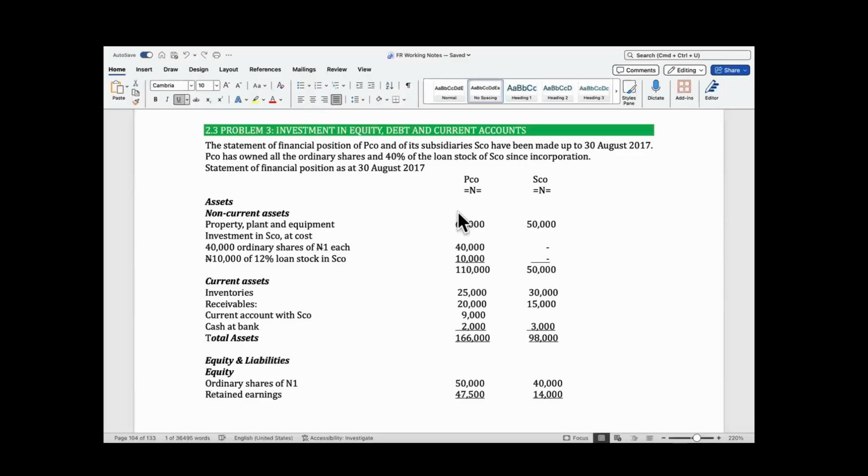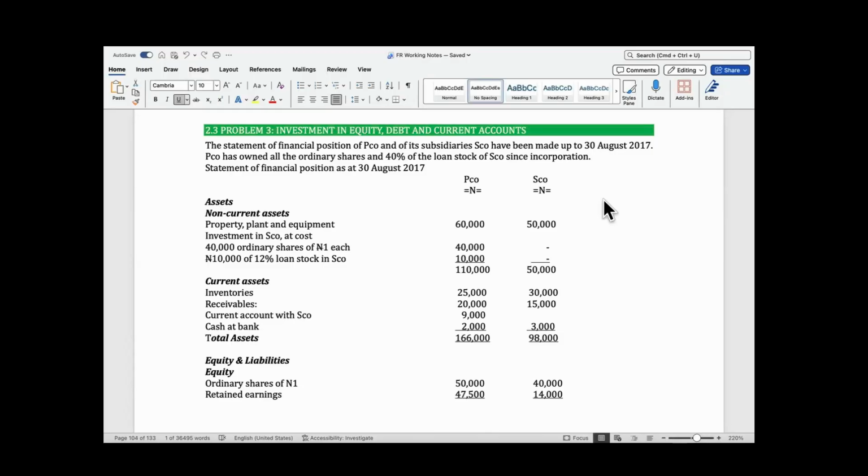Yes, sir. All right. Let's read the third one. The statement of financial position of PICO and of its subsidiary, SICO, have been made up to 30th August 2017. PICO has owned all the ordinary shares and 40% of the loan stock of SICO since incorporation.